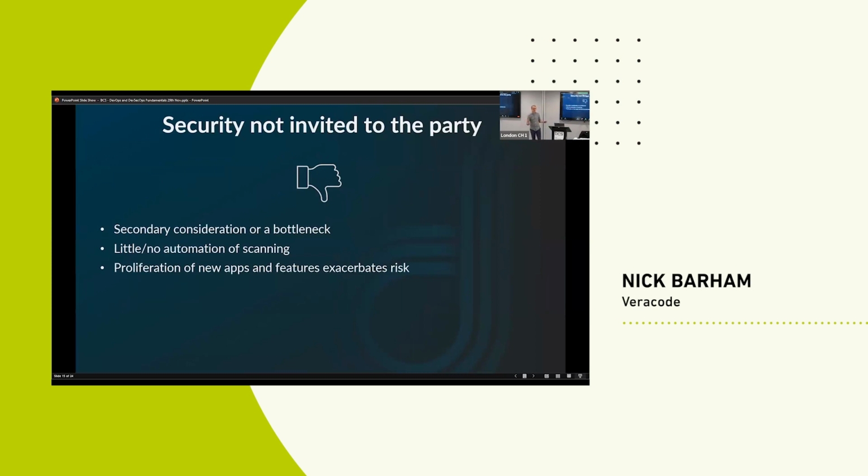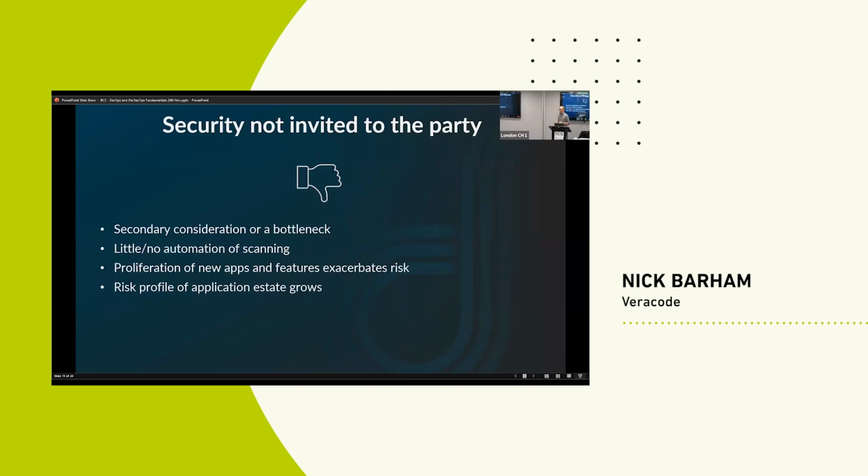You maybe don't even have visibility of everything that your teams are putting into a production environment or is accessible. And so certainly from a CISO perspective, lots of sleepless nights when you think about how this risk is growing. So this application estate starts to take on many more forms.